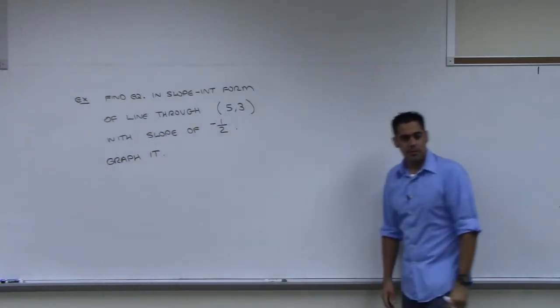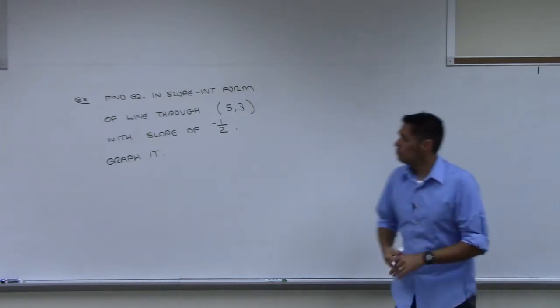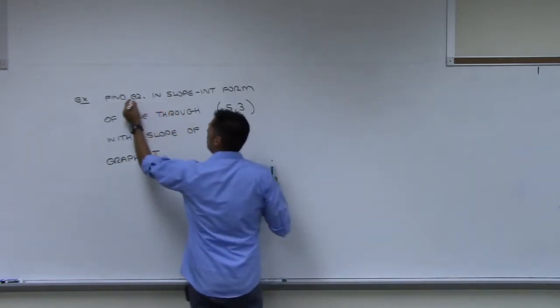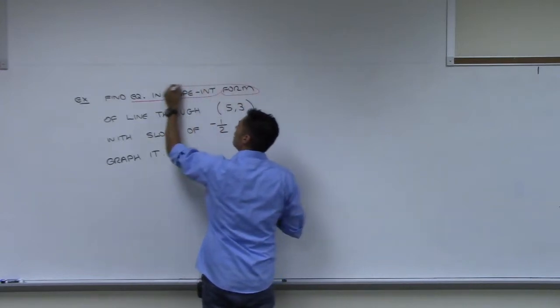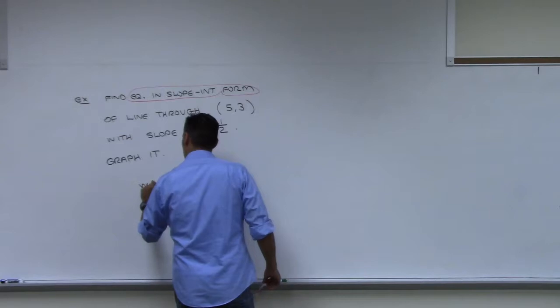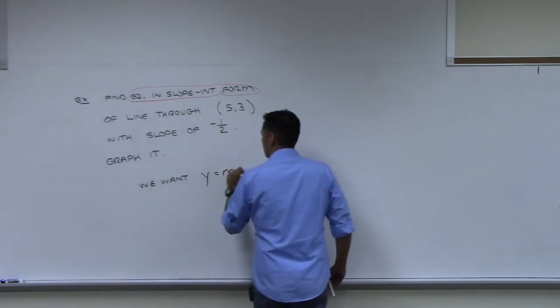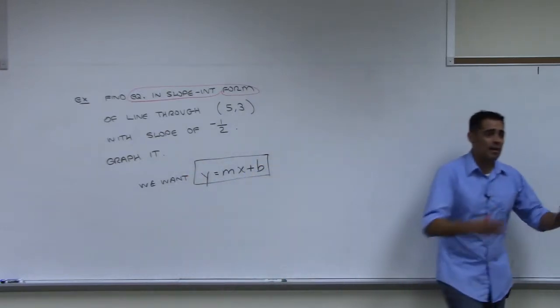All right, so what is it that we're being asked to find here? The equation of the line, but we want it in slope-intercept form. That means we want our final answer to look like this, y equals mx plus b.